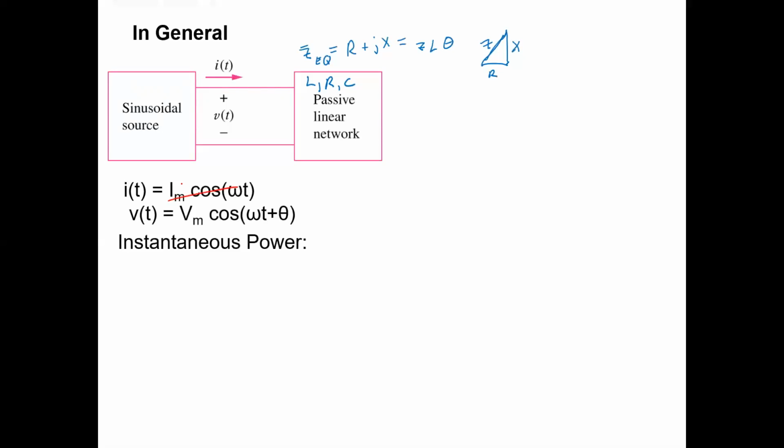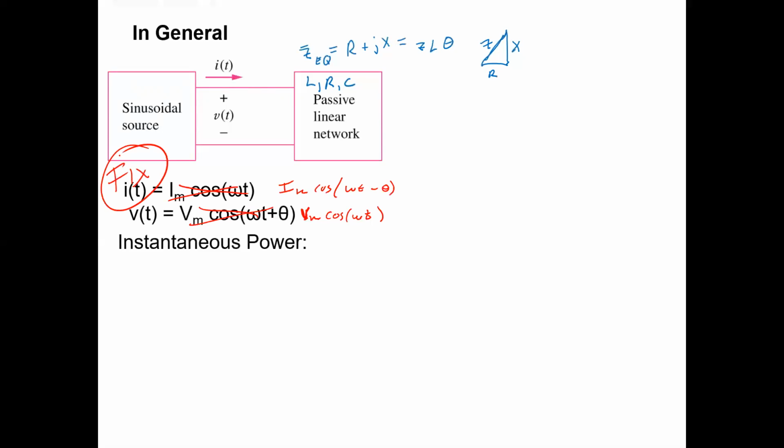Make this say Im cosine of omega t minus theta, and make this say Vm cosine of omega t. We're just shifting everything back by theta. It already is that on ours. Oh, okay, it's just mine that's messed up. Okay, that's another slide I got to fix.